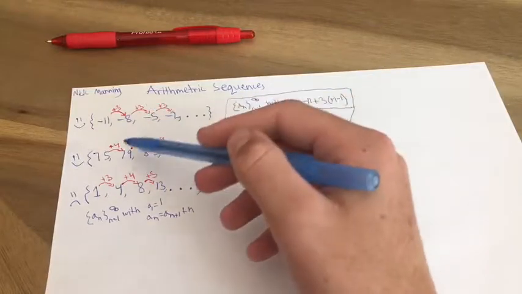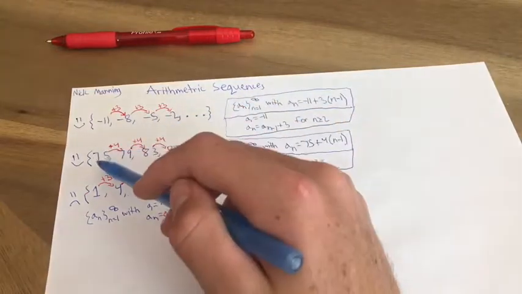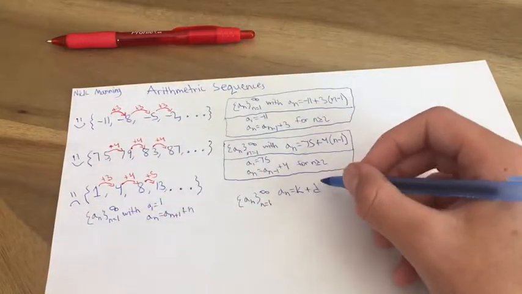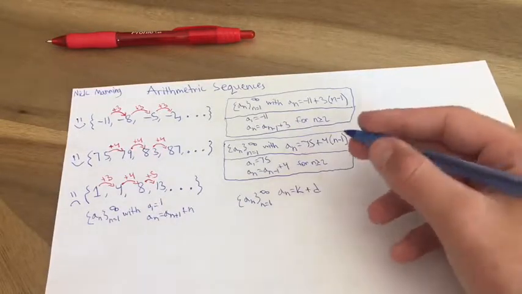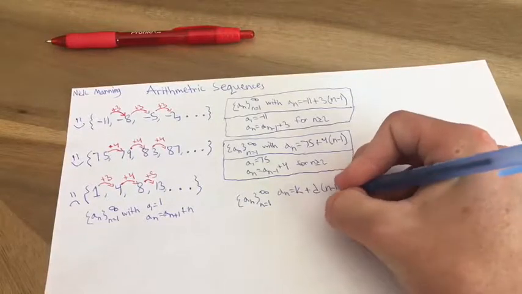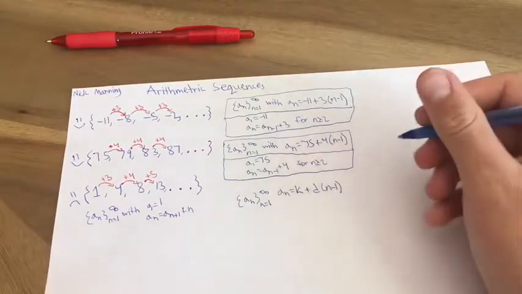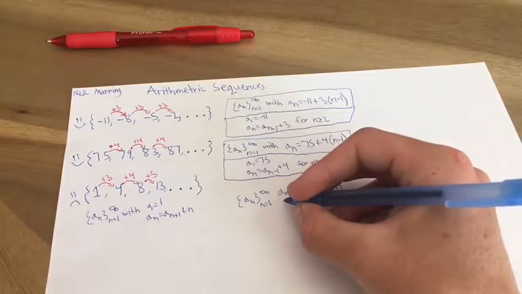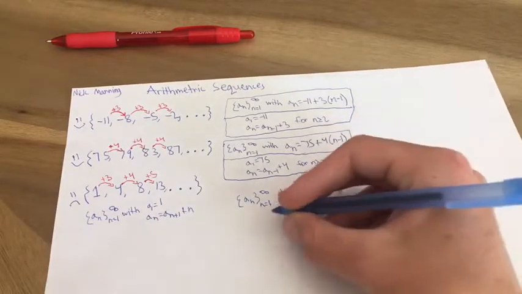I could have given this one where it was negative 4, where we were decreasing by 4. So instead of plus d, it could be minus d. And then lastly, times n minus 1. And that is for our explicit definition.